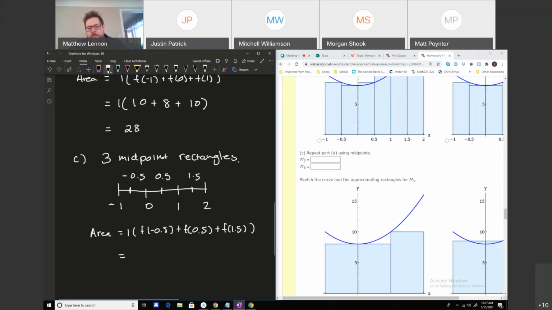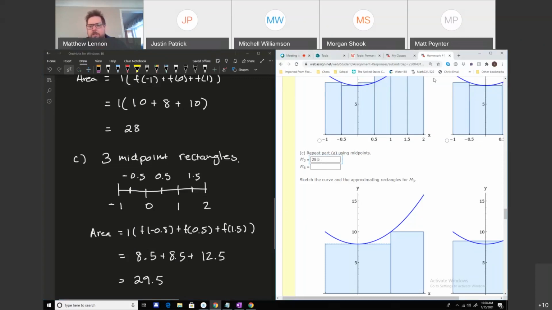Squaring that gives 0.25, times 2 is 0.5, so we should have 8.5 plus 8.5. And then 1.5 squared is 2.25, times 2 is 4.5, plus 8 should be 12.5. So we have 17 plus 12.5, which should give us 29.5. So a little bit more. This is probably more accurate.